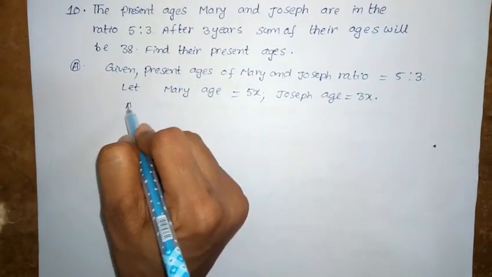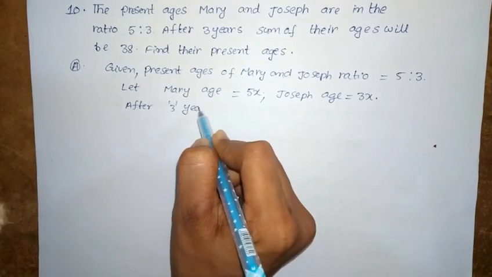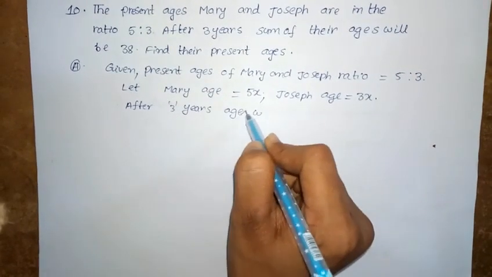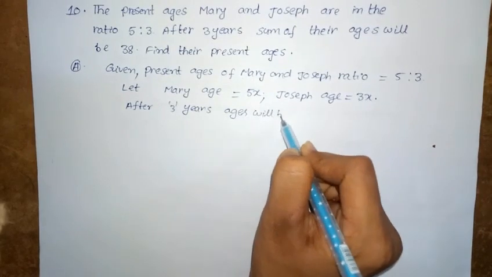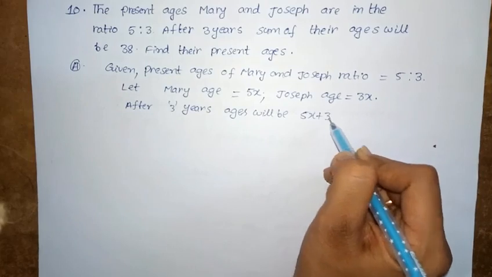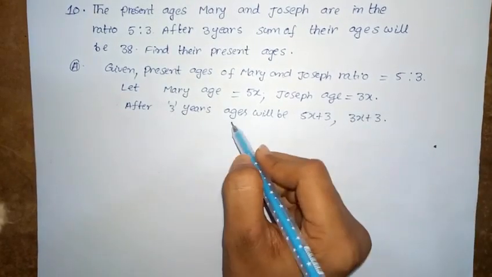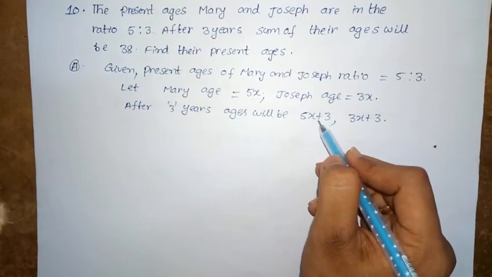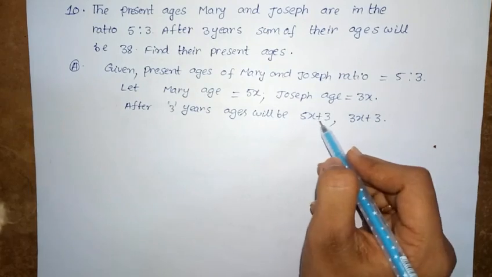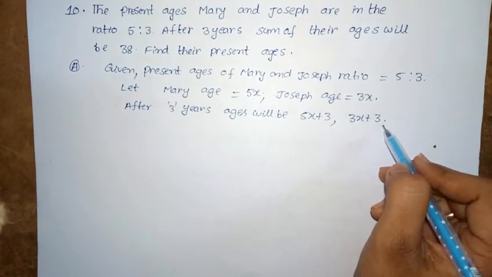So after 3 years, Mary's age is 5x plus 3, and Joseph's age is 3x plus 3.